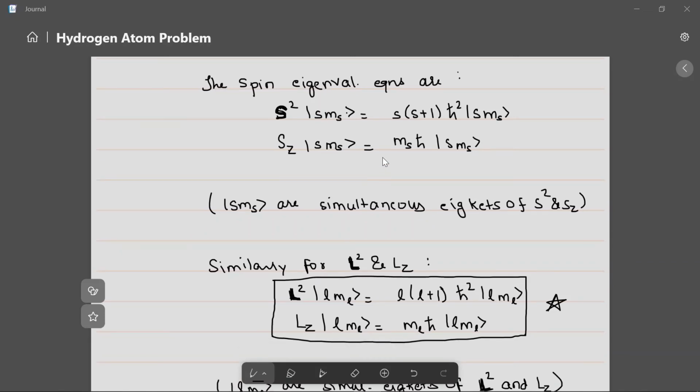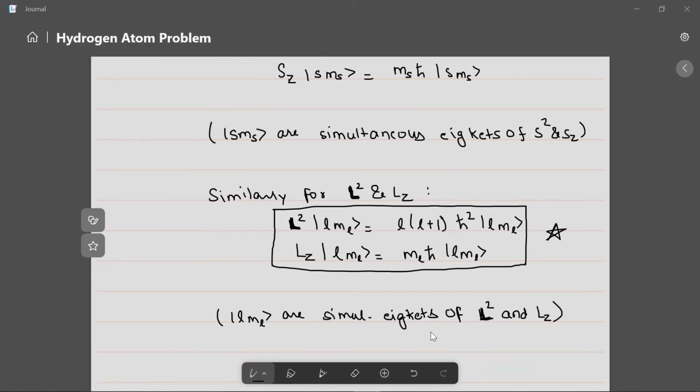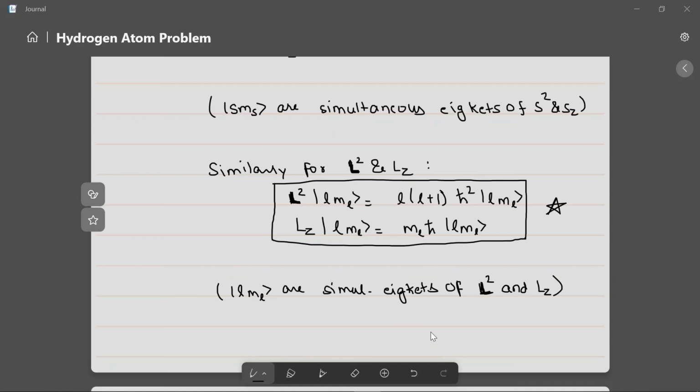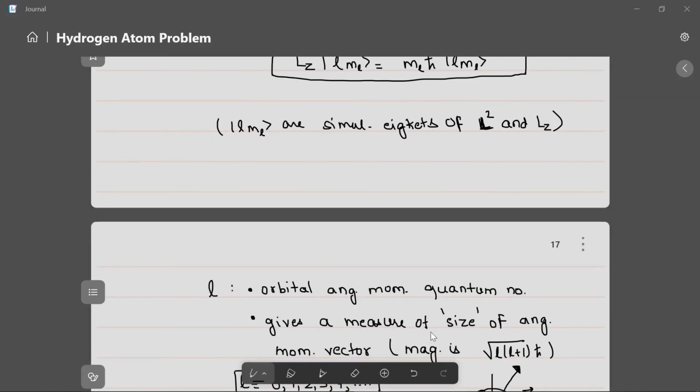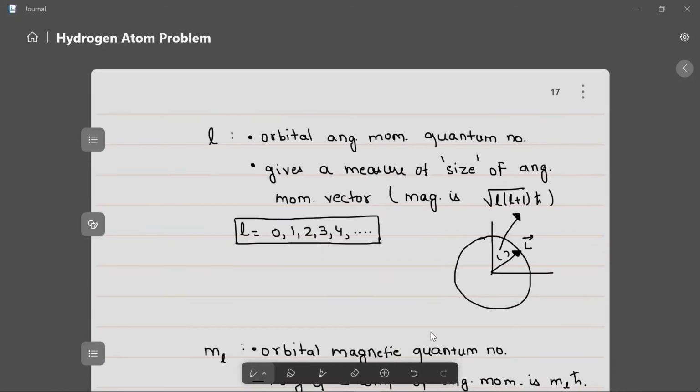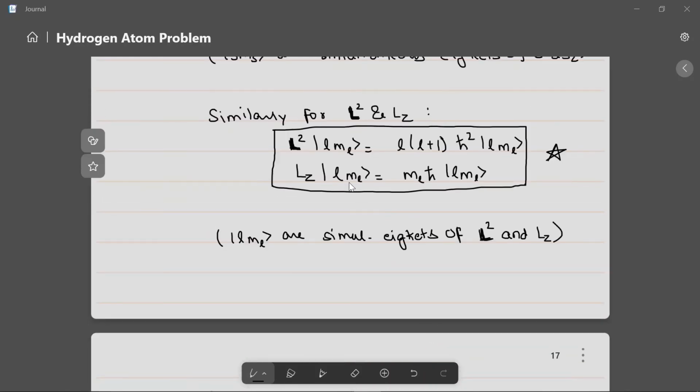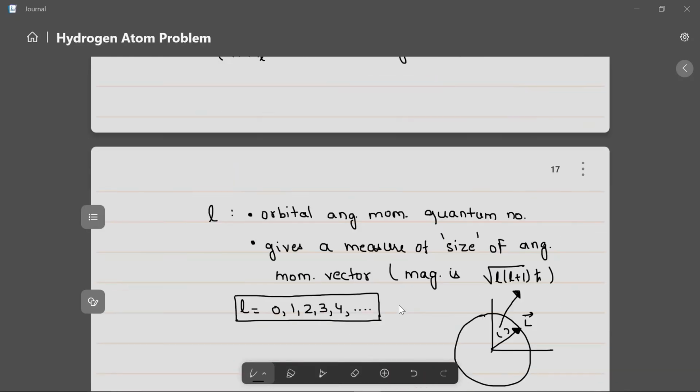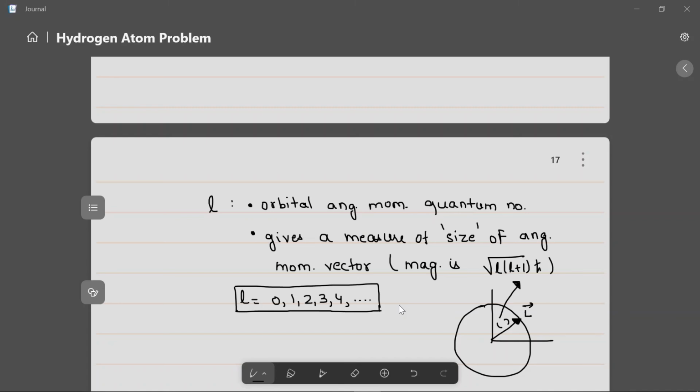Now since they are pretty much the same, we can expect that L square should have an eigenvalue equation which should look like l(l plus 1) h cut square, and similarly here it should be ml h cut, right? And this is the simultaneous eigenket of L square and Lz. Now to understand what these l and ml mean: l is the orbital angular momentum quantum number.